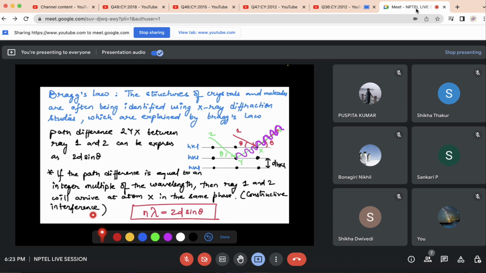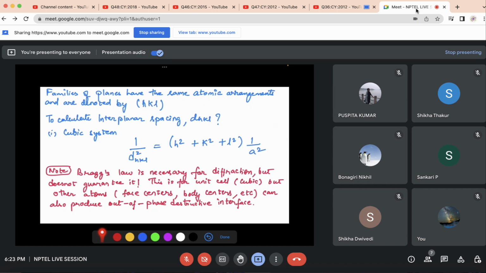The condition explained here we can write in equation form: n lambda is equal to the path difference, that is 2d sine theta, and this is what we call Bragg's law. Okay, yeah.